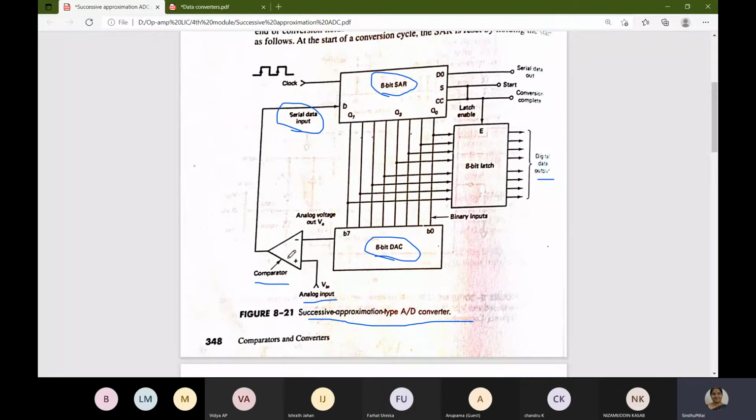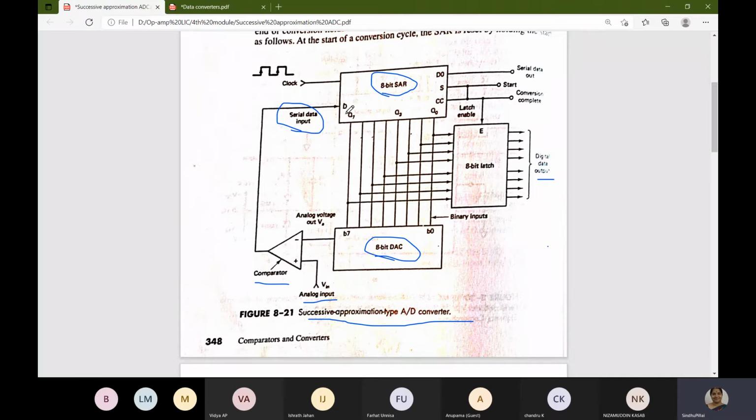As we have studied in the comparator, if you remember, the output of the comparator will be like pulses. It will be a square wave, either high or low. Okay, we gave a sinusoidal and it got converted to a square wave. So in terms of serial, when we give it as serial input, that means first 1 will go, then 0 will go, again 1, 1, 0, like that.